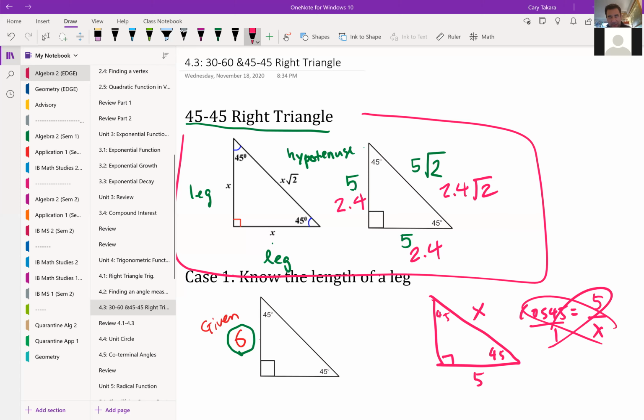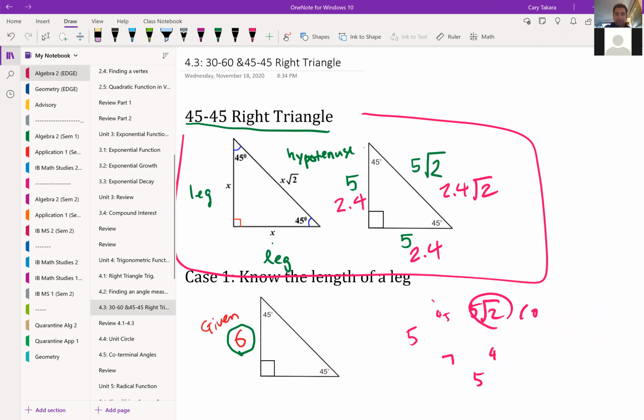But we don't need to anymore, because if it's a 45-45 triangle, you know that it's going to be 5, and the x is going to be 5 square root of 2. You can find it immediately without using SOHCAHTOA. So that's why it's called special, or sometimes some teachers will call them shortcut right triangles. Because you already know, you don't need to do anything.